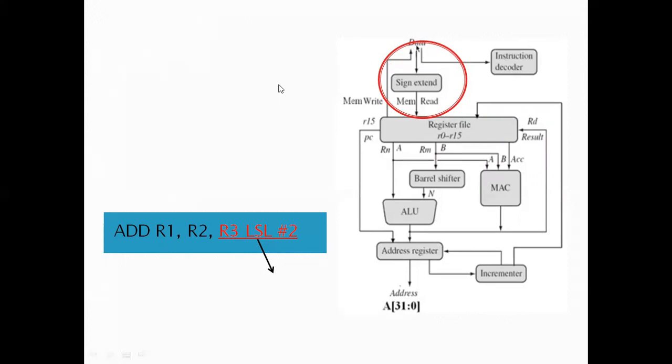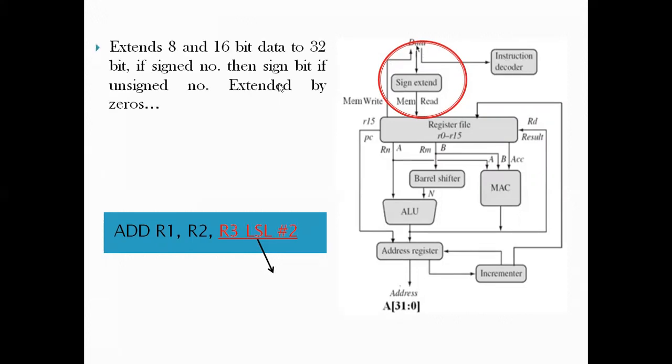Now what is this sign extend unit basically? The sign extend unit extends the 8-bit or 16-bit data into 32-bit. We know that all the information processing in ARM7 takes place on 32-bit data, so this 8-bit data has to be converted to 32.